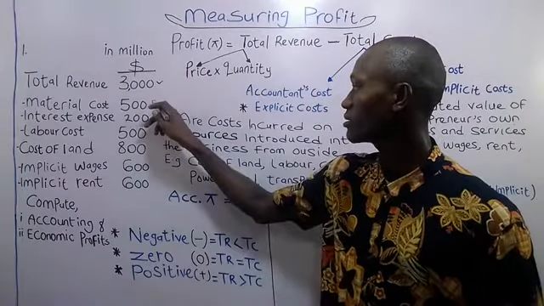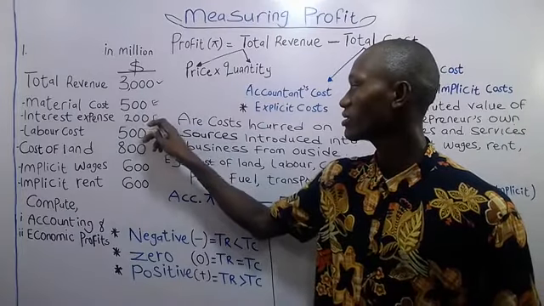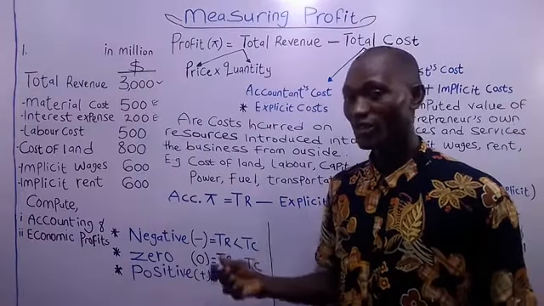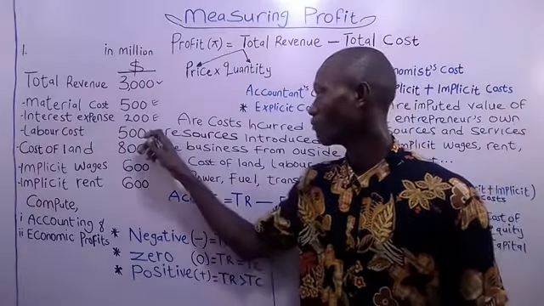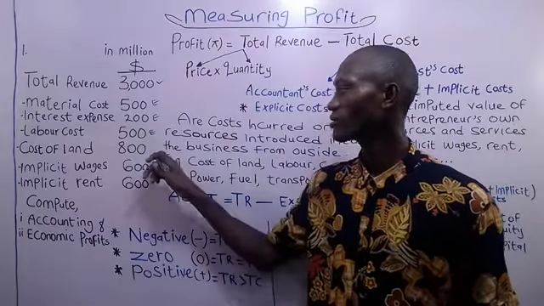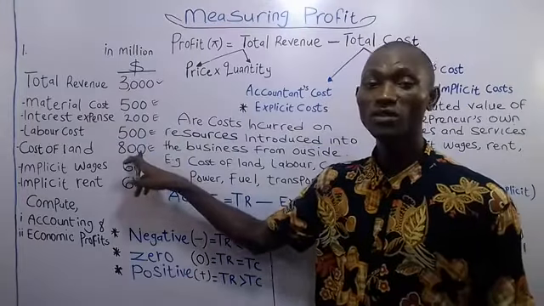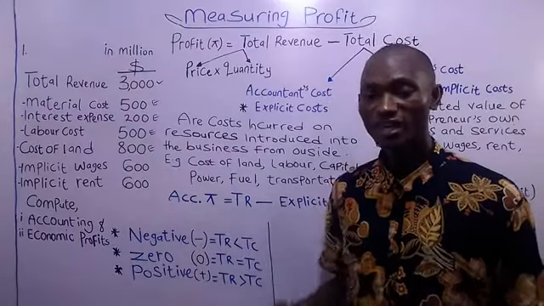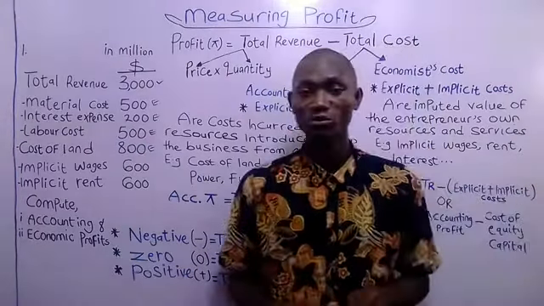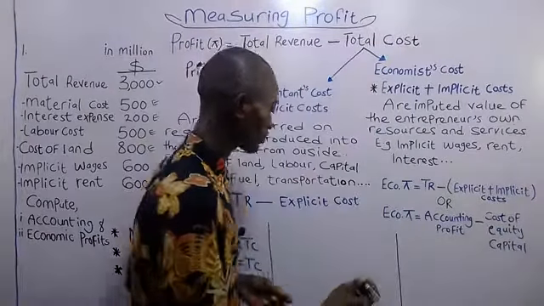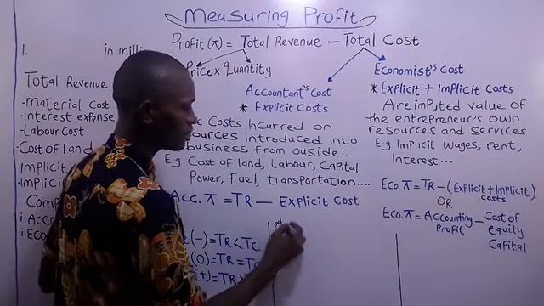And to get the accounting profits, we have all the explicit costs. Interest expenses are explicit to the accounting profession. Labor cost and cost of land are also explicit. So the addition of all this will give us the total explicit cost. So let's get our accounting profit.